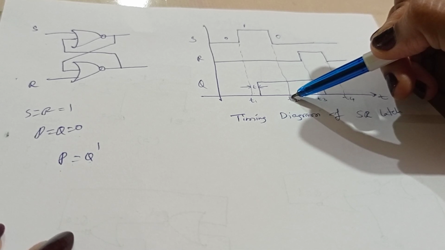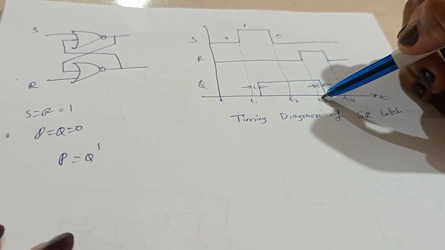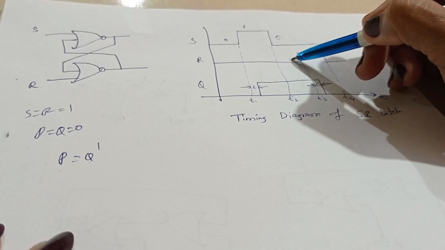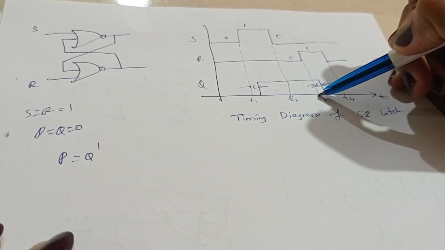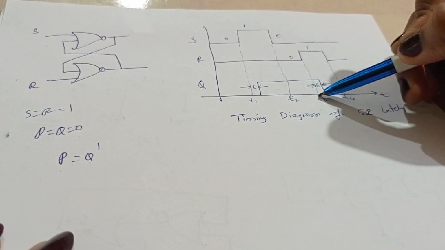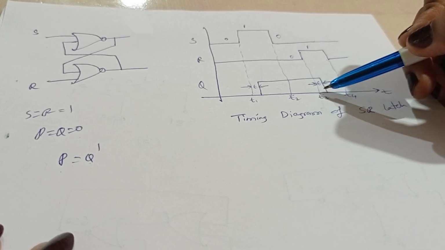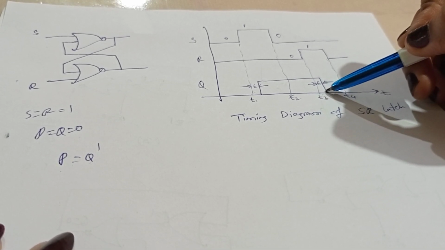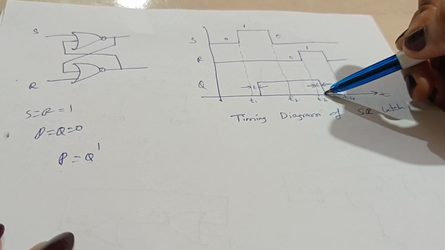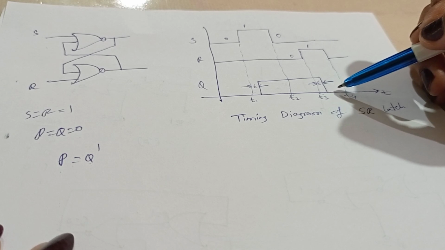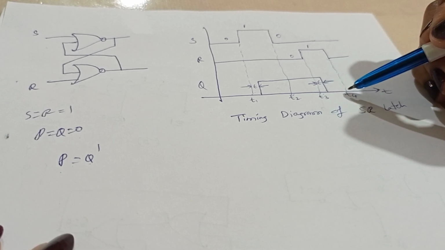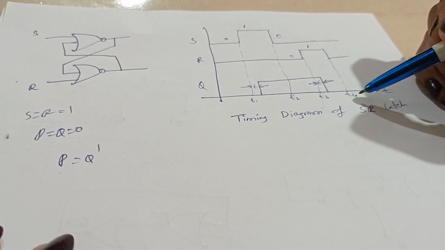At time t3, R changes to 1. Here R is changing from 0 to 1 at time t3. Now Q changes back to 0, again epsilon time later. This is again the delay. The duration of the S or R input pulse must normally be at least as great as epsilon in order for the change in the state of Q to occur.